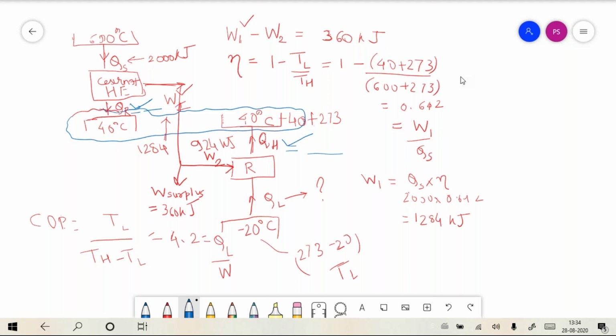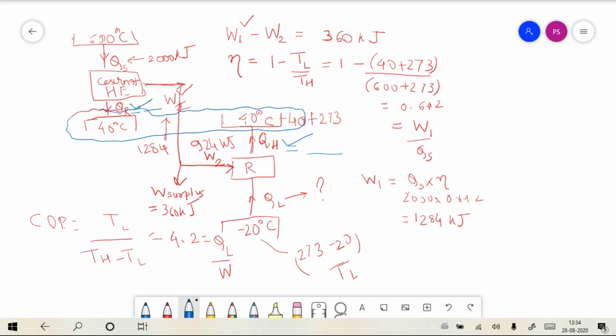Calculate QH, calculate QR, and hence the final answer of the heat rejected to the reservoir. Let us see how many of you can answer this. I hope I am clear about the question.